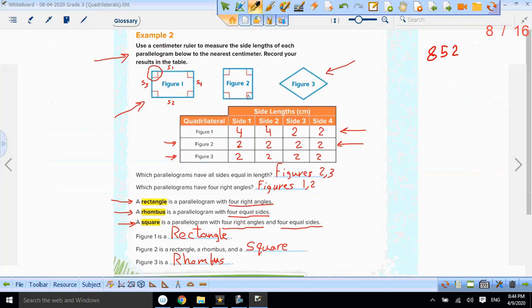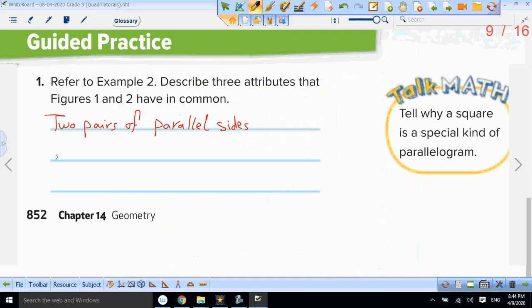One can say, no, square has four equal sides. Yes, but the common attribute between rectangle and square is that two pairs of equal sides in length.